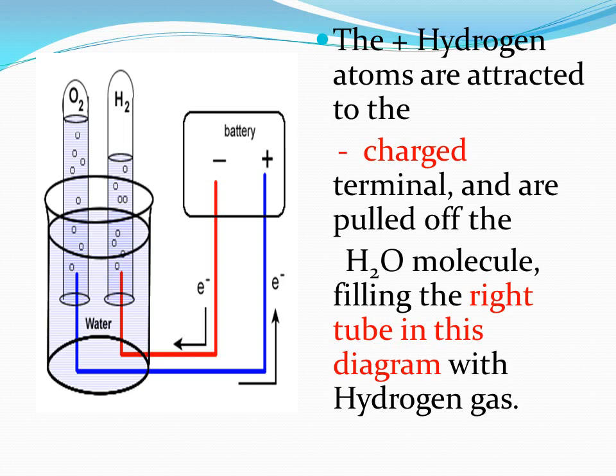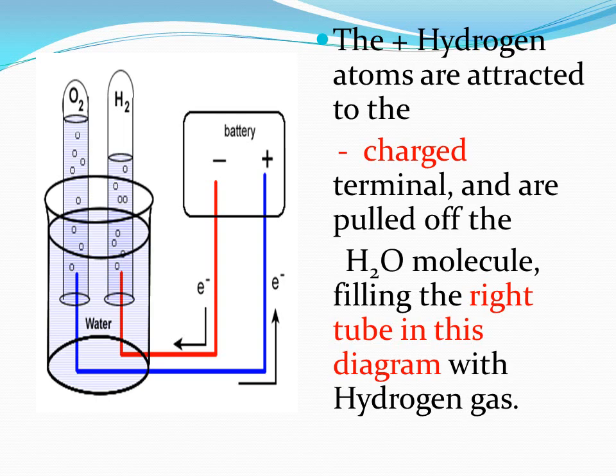So we will see the diagram here. In this case, as we talked, the hydrogen atom is attracted to the negatively charged terminal and the oxygen atom to the positively charged terminal, and when the current flows, they produce bubbles.